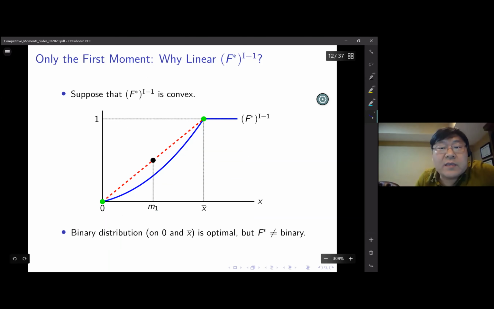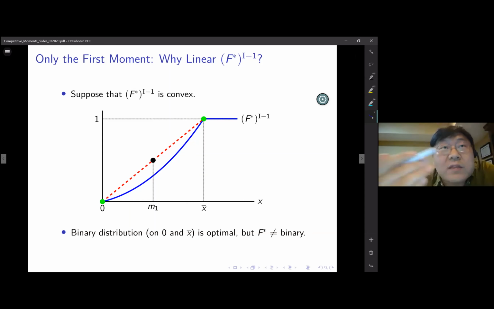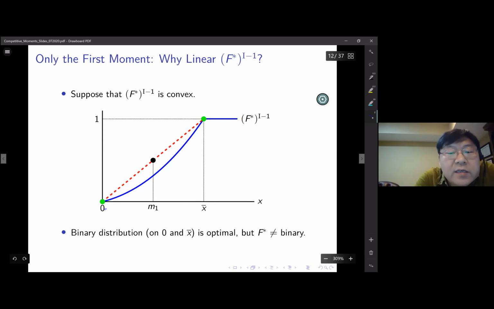What about if it's convex? What about if it's strictly convex? Again, you can apply Jensen's inequality, or you can also do concavification. So you just draw this straight line. And then now we know that the optimal strategy is the binary distribution that puts all mass on two extreme points, 0 and x upper bar.